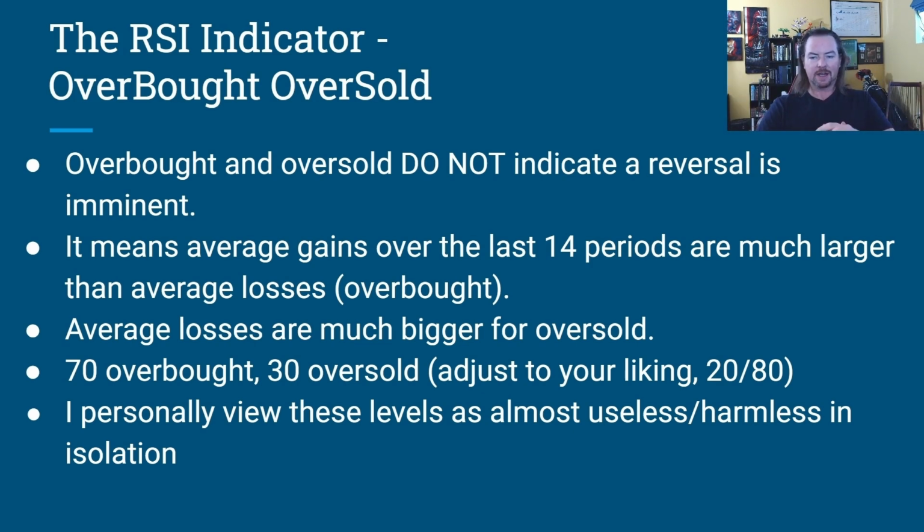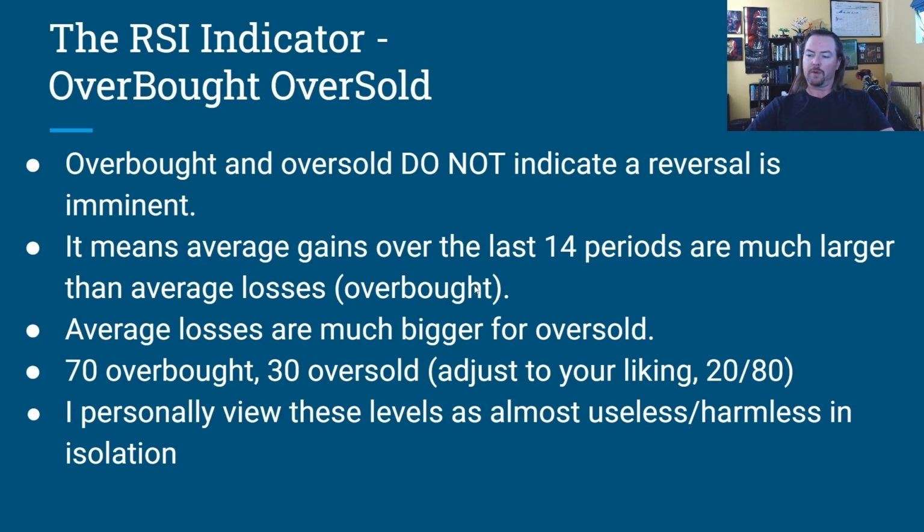So it does not indicate an imminent reversal. Just looking at a few charts, we'll quickly see that when it gets above 70 or below 30 does not mean it's time to go short or go long, respectively.